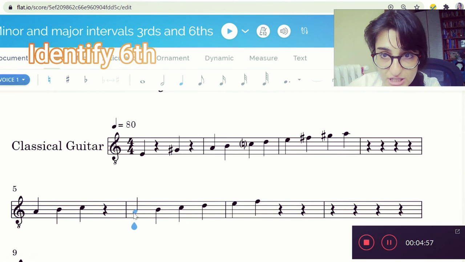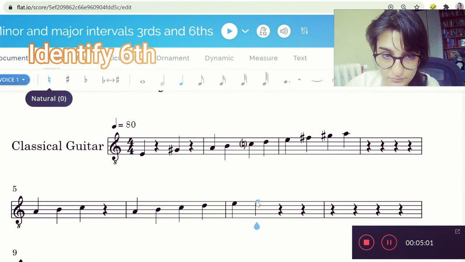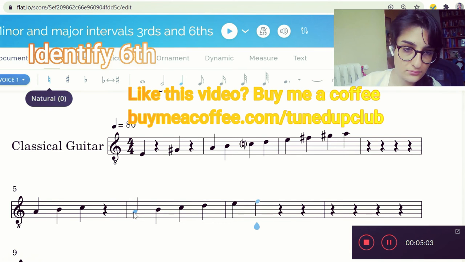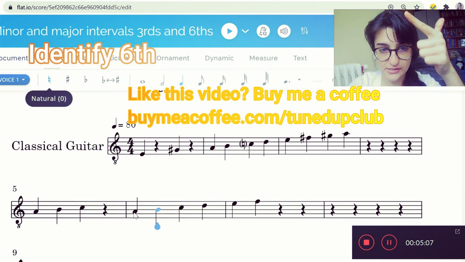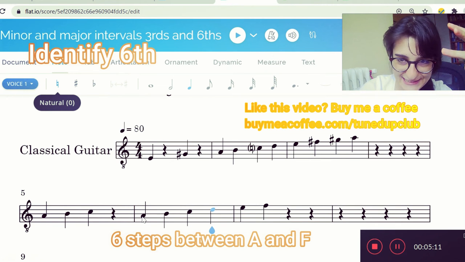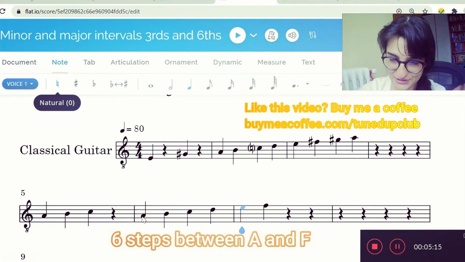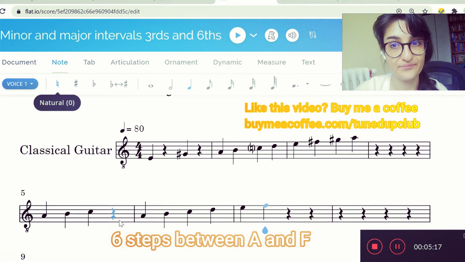So, what's the interval of A to F? It's a 6. A, B, C, D, E, F. Okay, so we know it's a 6.